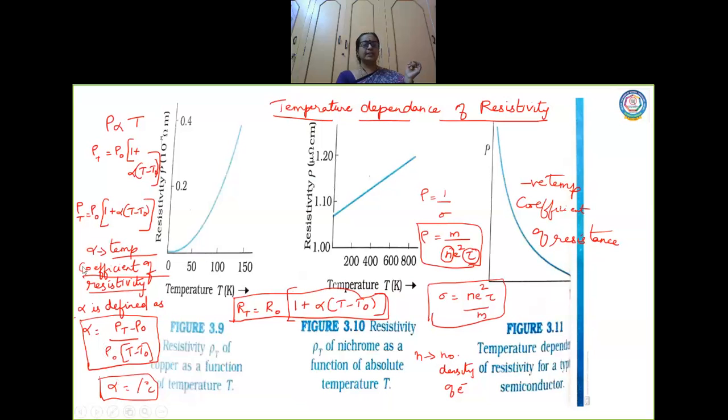Then I have written the formula in terms of resistance, which is Rt is equal to R naught into 1 plus alpha into t minus t naught. Now I have compared the dependence of resistivity with the number density of electrons, which is called electron density, and also with average collision time, which is called relaxation time.